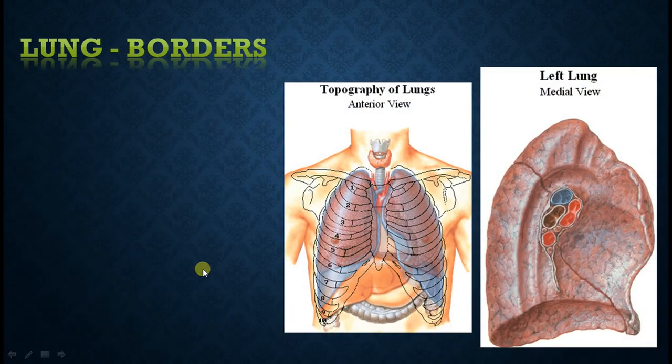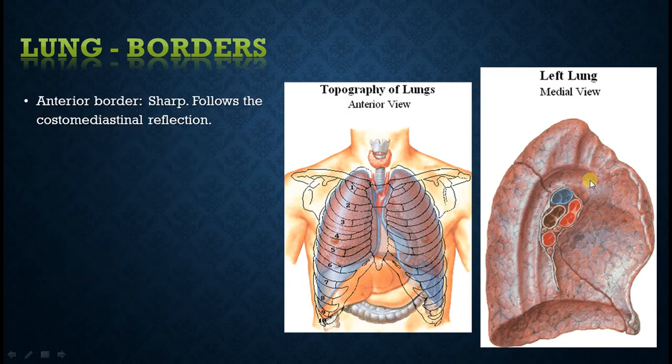Now coming to the borders of the lung. First is the anterior border, which is sharp, and this anterior border follows the costo-mediastinal line of reflection. From the apex you can draw to the medial end of the clavicle. Then from the second to fourth rib, the anterior borders are very close to each other.